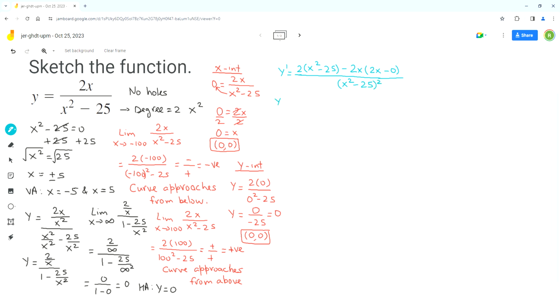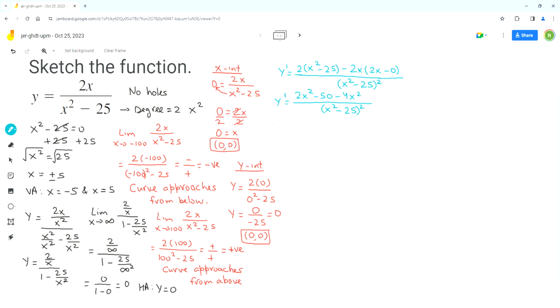Now we can simplify the numerator expression. In the numerator, if we distribute 2 into the parentheses, we get 2x squared minus 50. And then in the next part, 2x minus 0 is just 2x. So negative 2x times 2x is negative 4x squared, over x squared minus 25 squared.